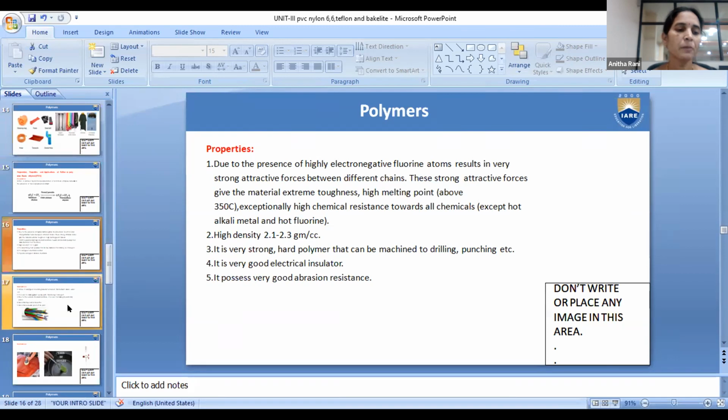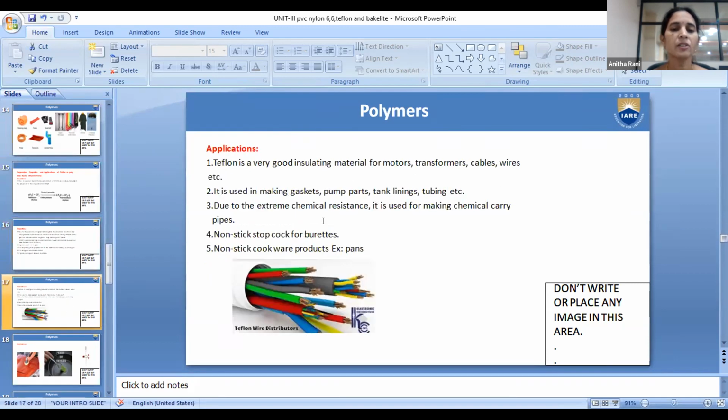Now tell me applications of Teflon. I gave 5 points here. Insulating material for wires, cables, transformers. Pump parts, tank linings.